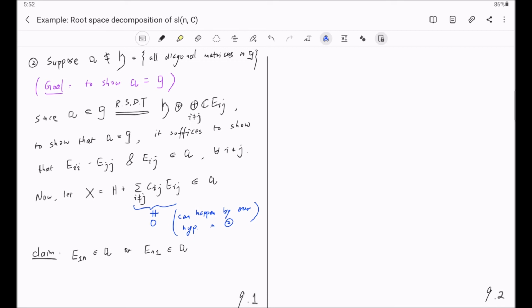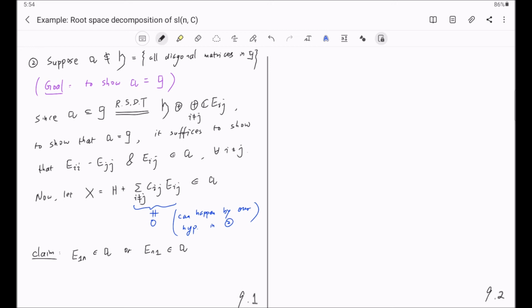As a matter of fact, once this claim is proved, we'll be able to finish the proof of the whole theorem on the simplicity of SL_n(C). Namely, this claim will imply that A is equal to G in this situation.